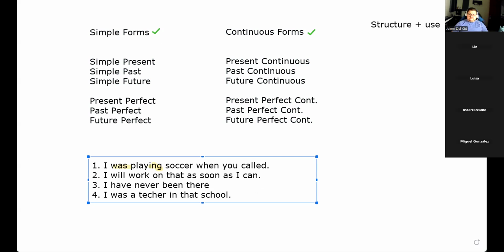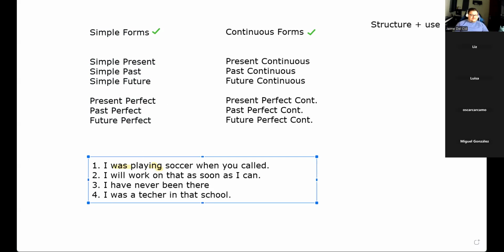This is present perfect. That's correct. So it's a simple form because no ing or anything, and it is a structure that matches the present perfect tense, right? It has the auxiliary verb have, and it has the verb be, but in past participle, been. Perfect. So we are good.